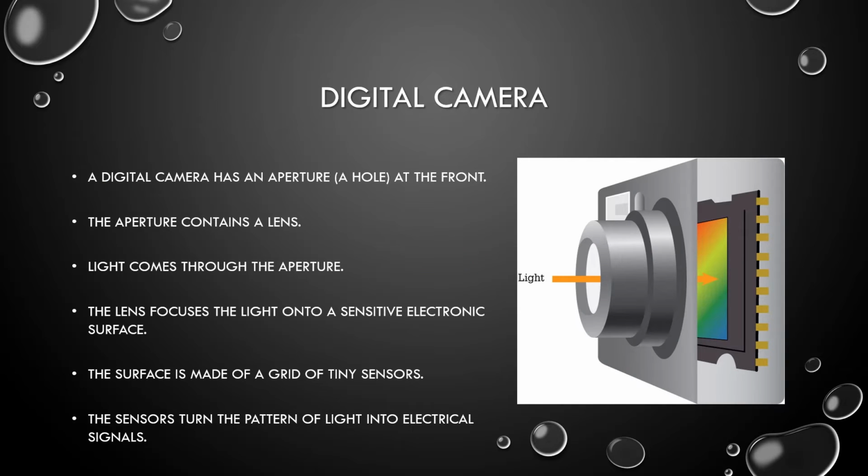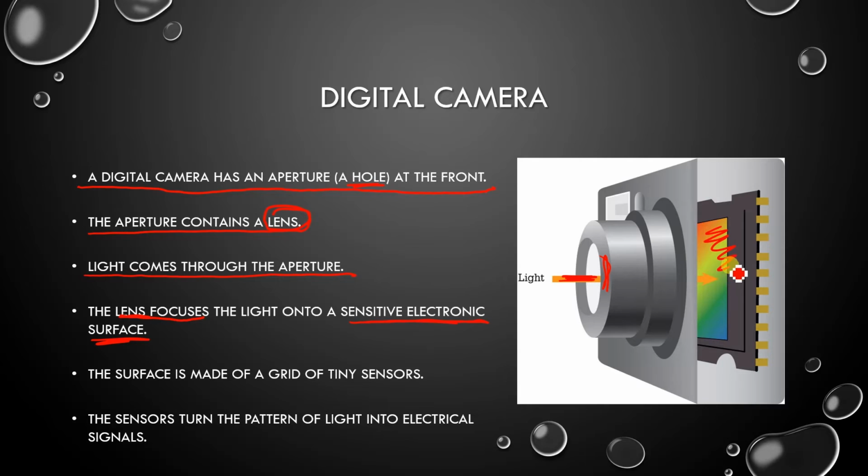So let's have a look at a camera. At the front of a camera you have something called an aperture, or simply a hole, and inside of the hole there is a lens. Light shines through the hole, and the lens focuses the light onto a sensitive electronic surface.